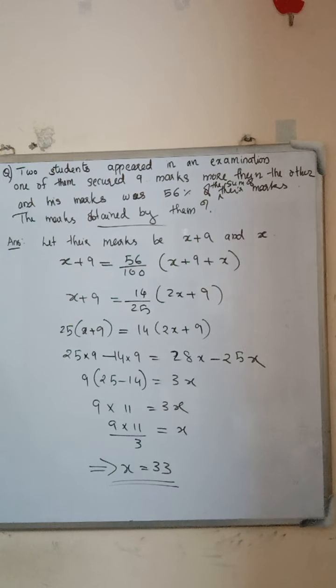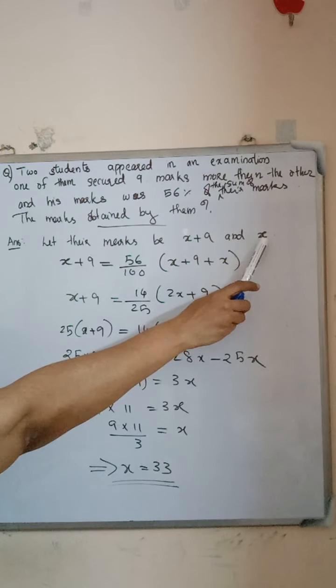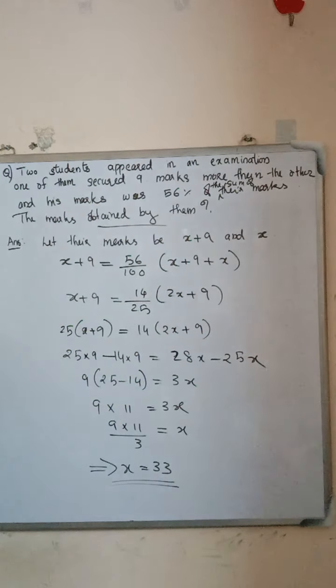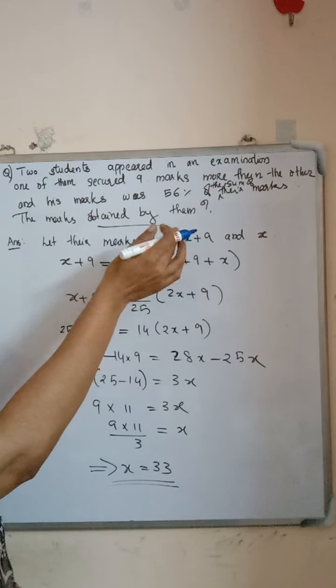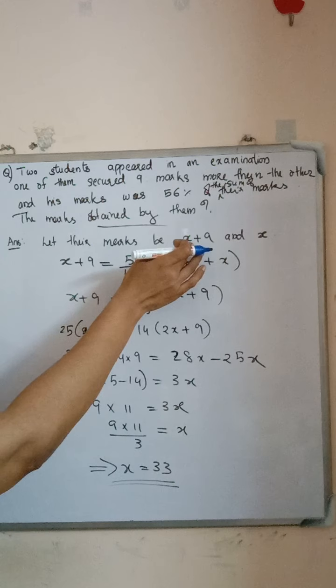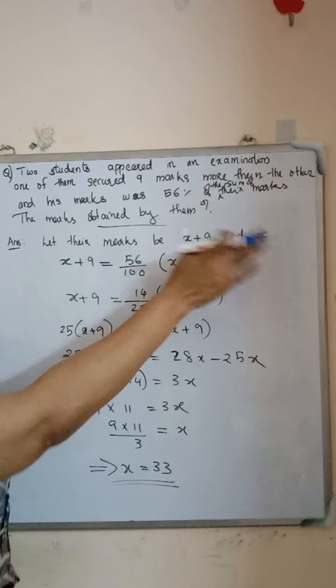Okay. Here it is given that one of the students secured 9 marks more than the other. Let the first one have marks x. Then the second one has marks x plus 9. So, the marks obtained by them are x plus 9 and x.